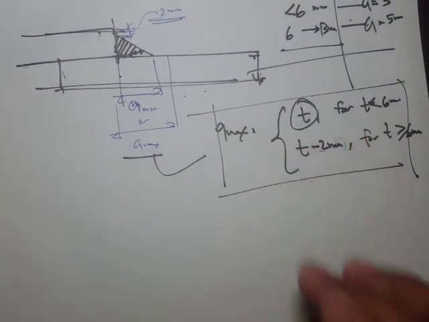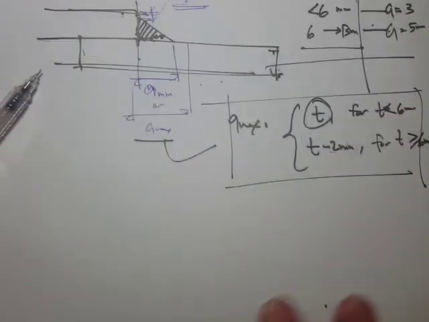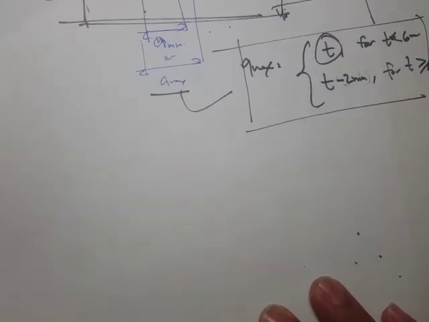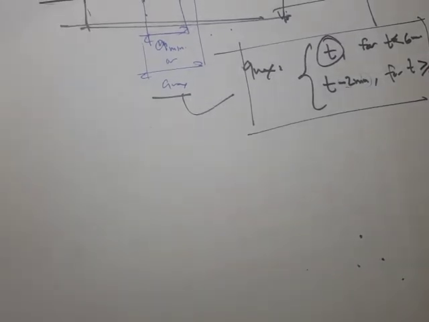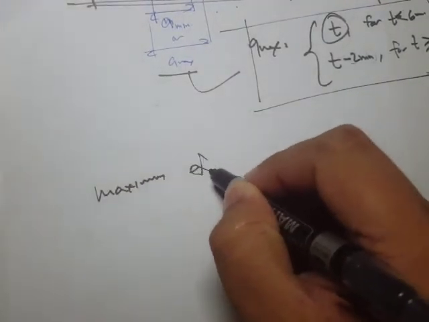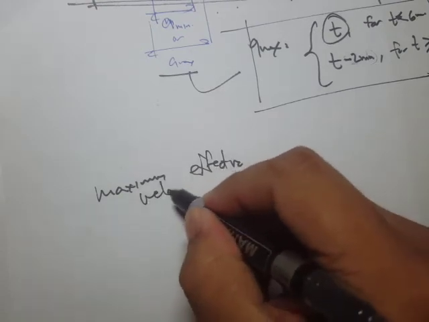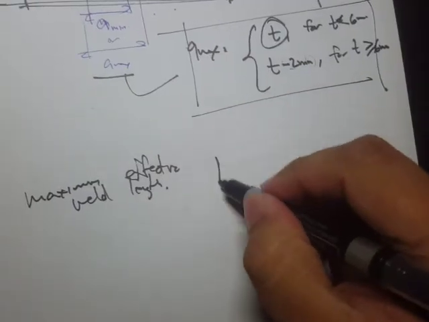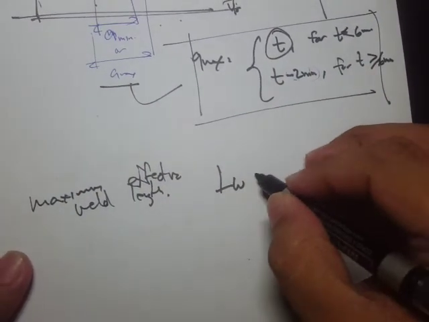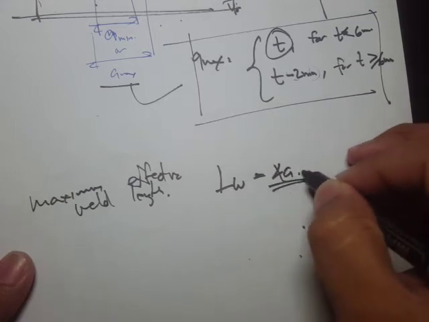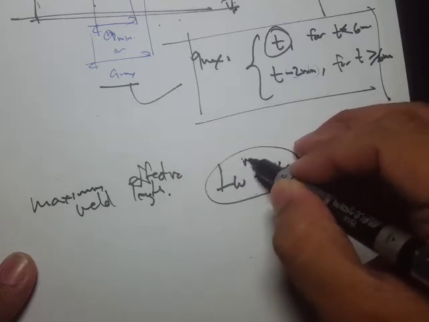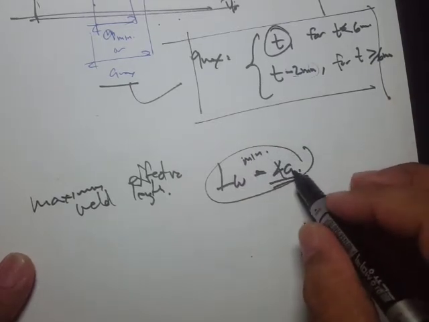Okay, so that's going to be the maximum. And what else? We have the maximum effective weld length. Meaning how much length there should be, or the minimum effective weld length should be at least 4 times the size.